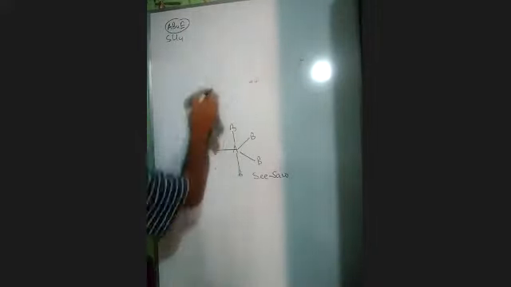Now we'll remove one more by lone pair. Okay, so I'll write down here ABC E2. Immediately you think, what is the equivalent structure?